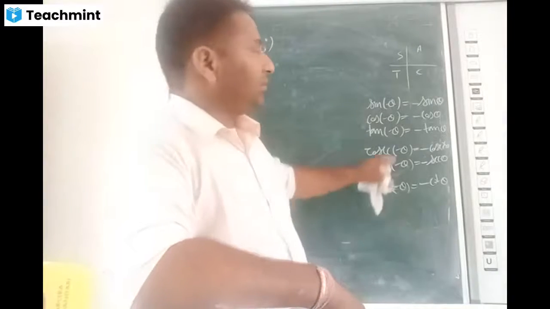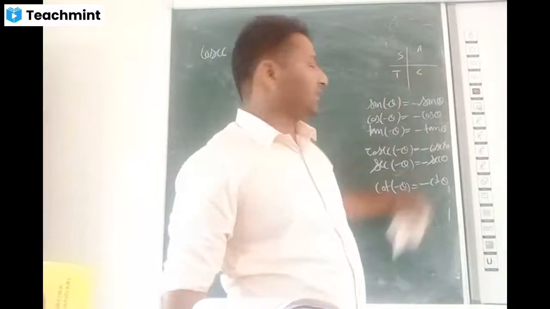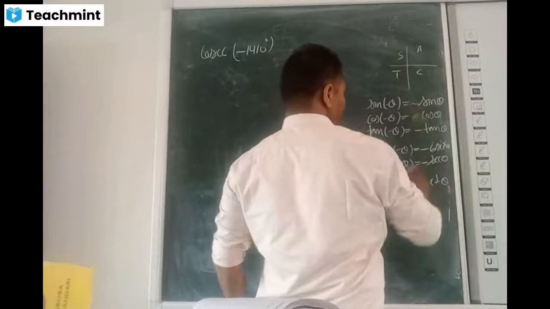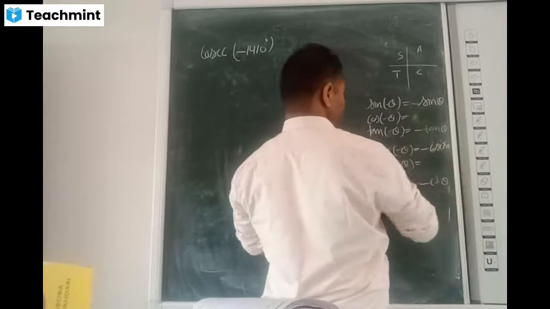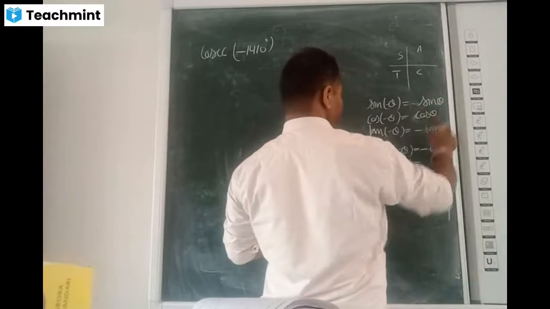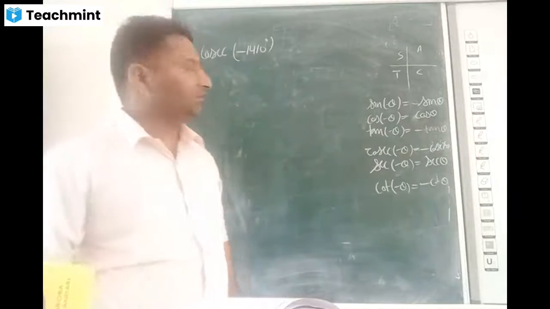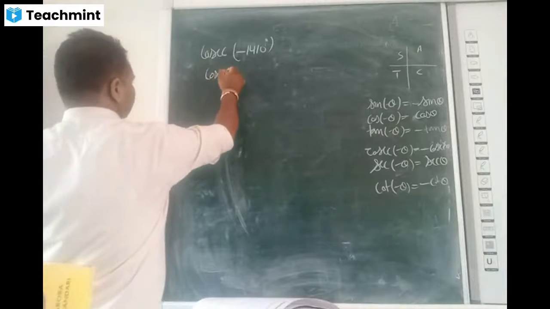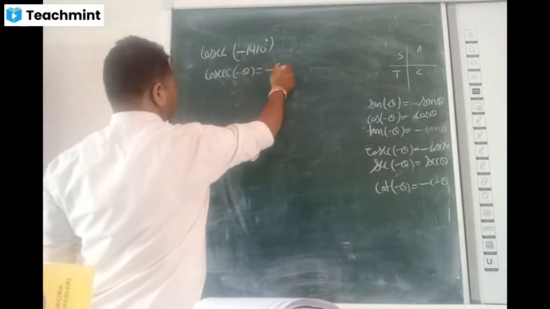Yes. If we are talking about the minus, that is coming in the fourth quadrant. So here, in the fourth quadrant, cos and secant are positive. The rest of them are negative. So here, using that, cosec of minus theta is minus cosec theta.